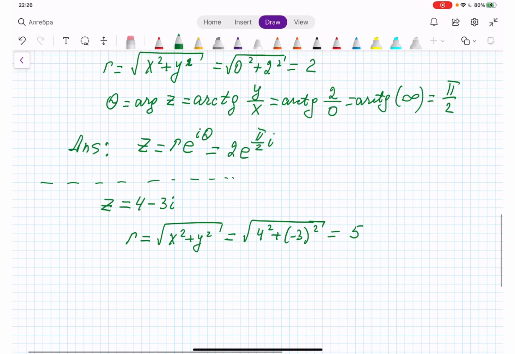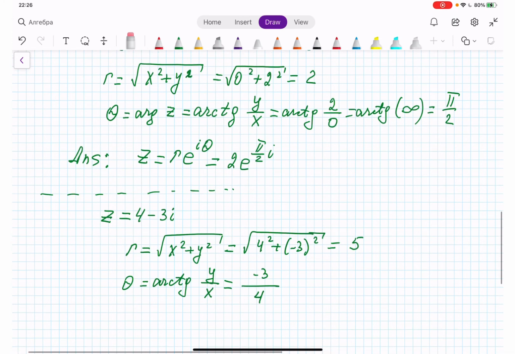Okay, the argument theta is equal to arctangent, and it's going to be y over x, right? And our y is going to be negative 3. Our x is 4. One second. Right?